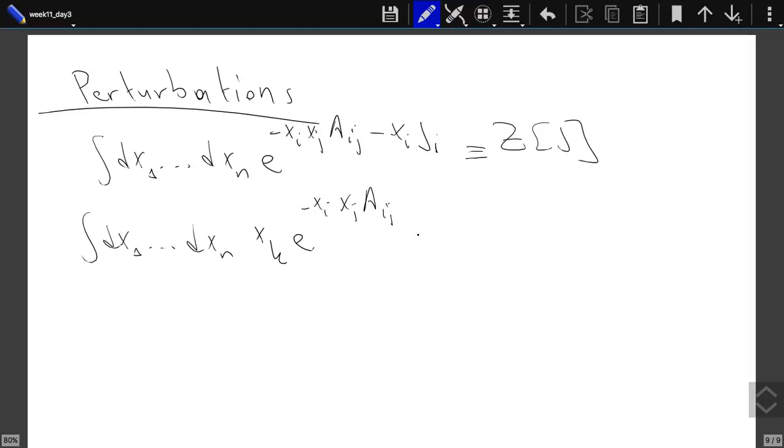This term will be nothing but the derivative of z with respect to jk, evaluated at j equal to 0. So once I know z of j as a function of j, then I can calculate whatever function is multiplying that exponent just by taking derivatives. Now this j is most of the time called the source.